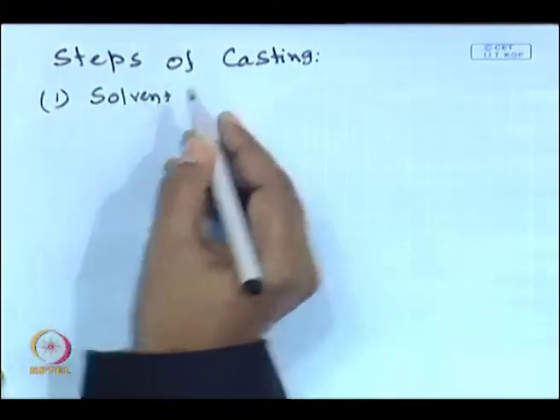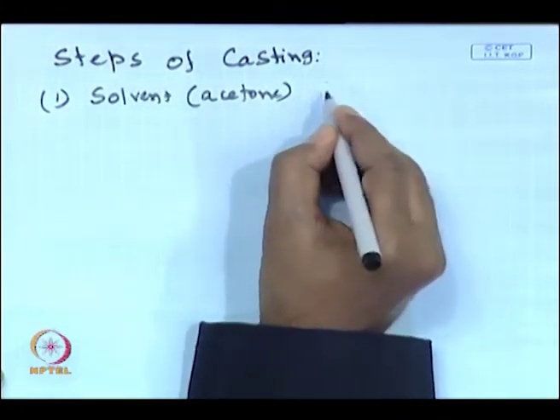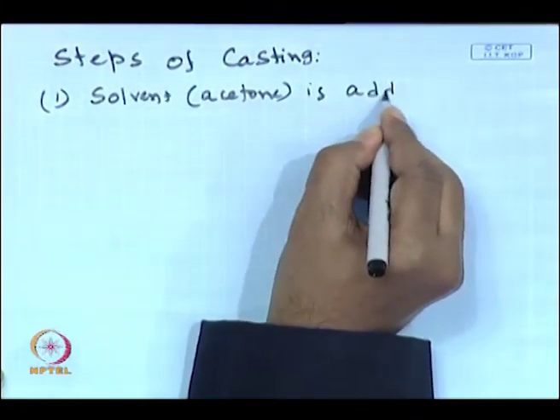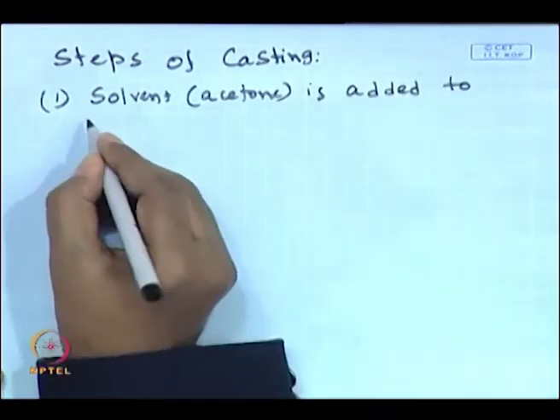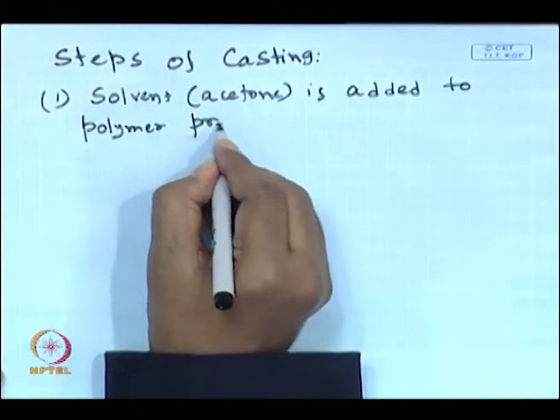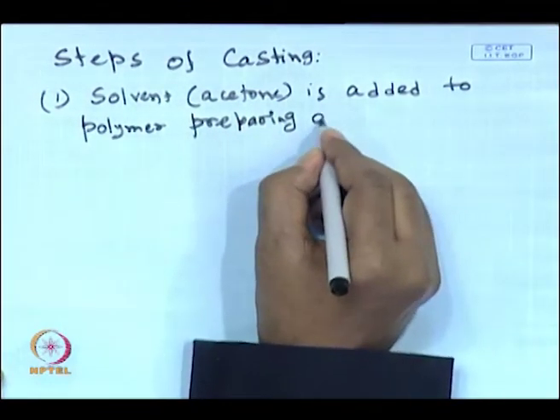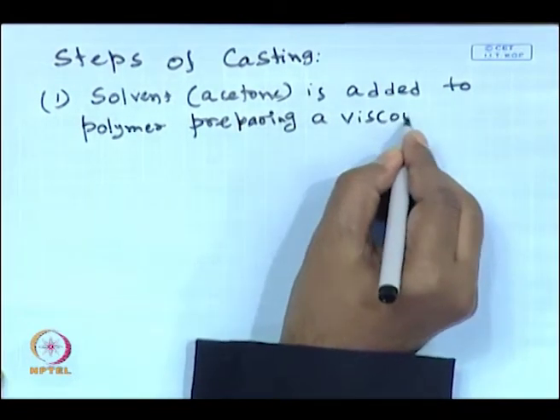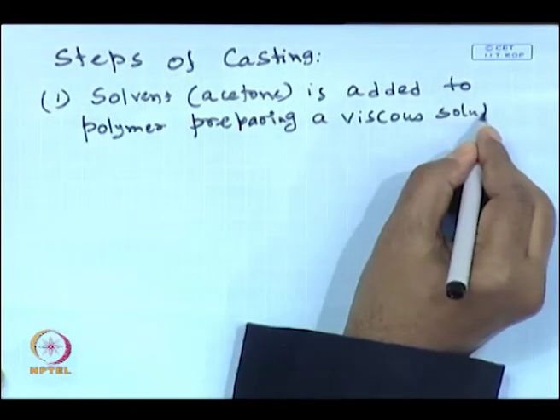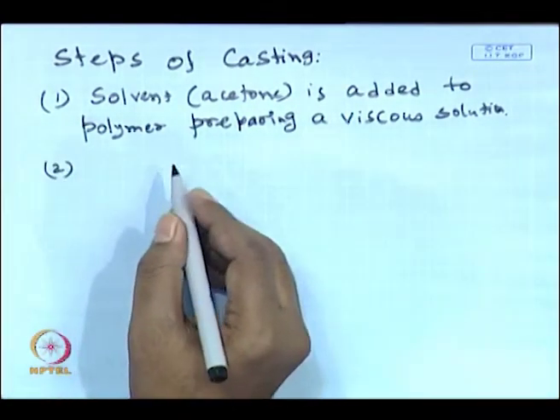First, a solvent, a typical solvent is acetone, is added to the polymer, preparing a viscous solution. Then it is put on a plate.